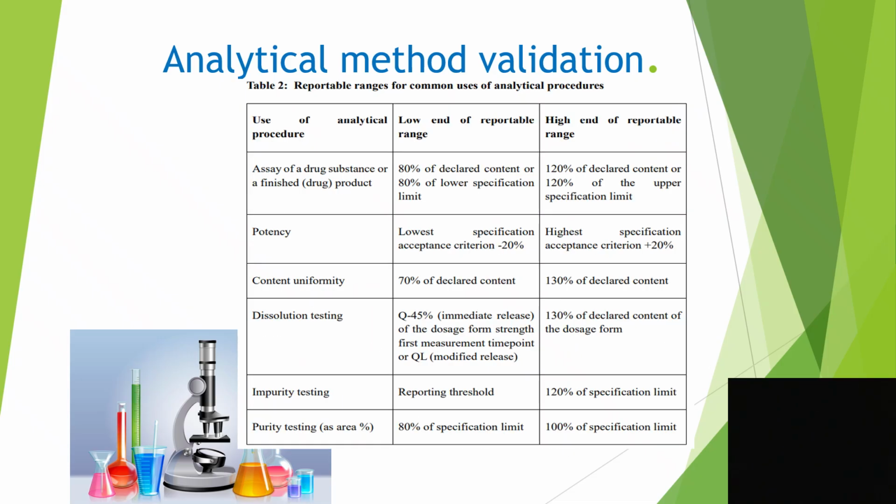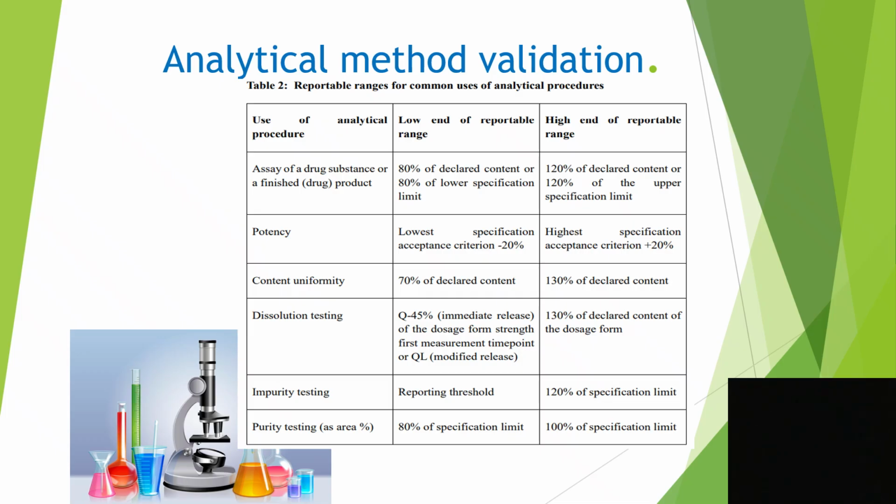In the second criteria, the reportable range of the common uses of the analytical procedure: low end of the reportable range and high end of the reportable range. Low end and high end mean, for assay of drug substance or the finished drug product, there should be a range like 80 to 120%. So 80 is the low level and 120 is the high level as per the upper specification limit.